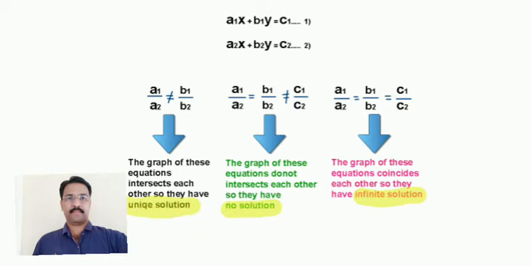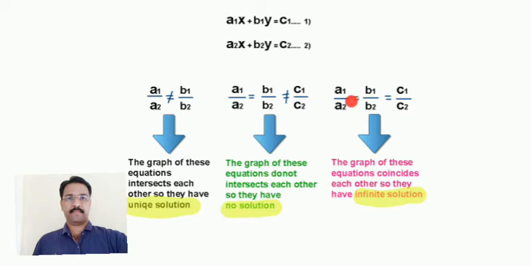Similarly, if the first two ratios are equal and not equal to c1 upon c2, at that time the graph of these equations does not intersect each other. If the two lines do not intersect, obviously they are parallel to each other, so they have no solution.